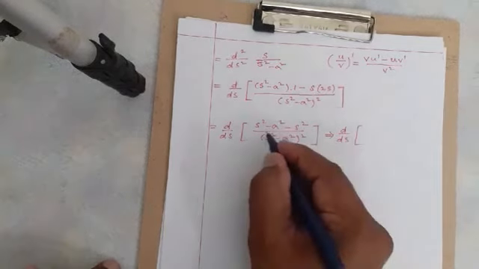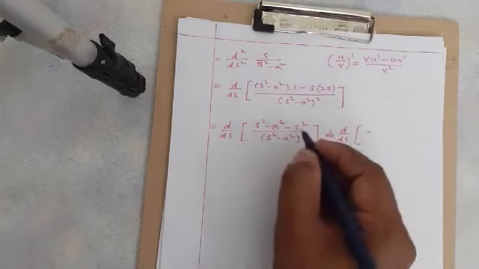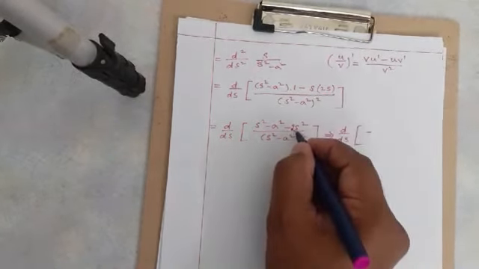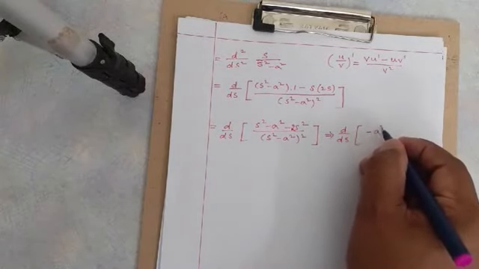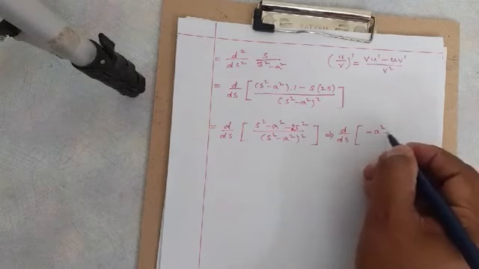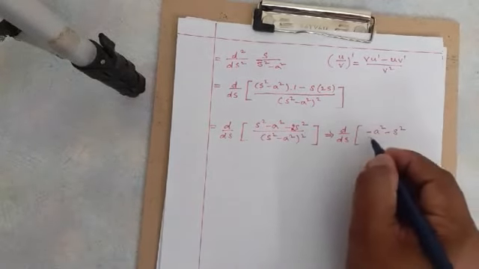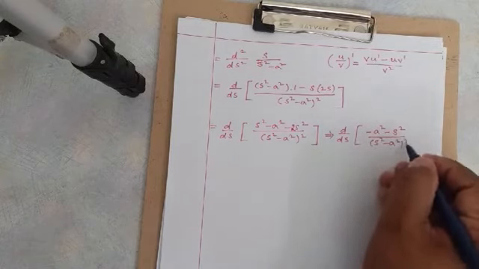Now you can cancel s square, so this is 2s square. So you get s square minus a square minus 2s square, that is, minus s square upon s square minus a square whole square.